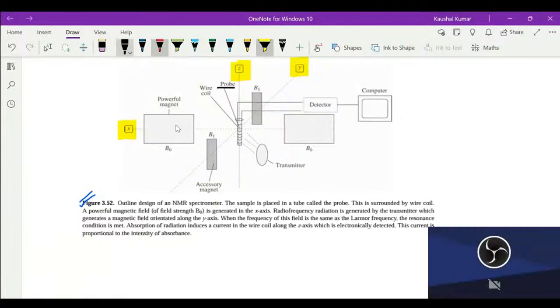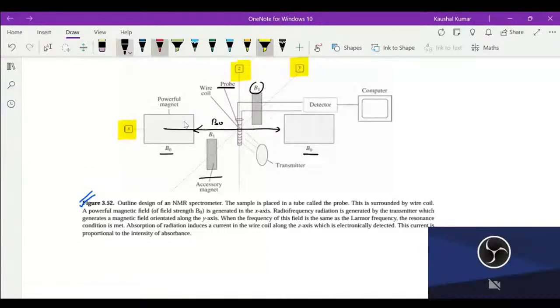So this is a powerful magnet. This is the full magnet you are applying, and it has a magnetic field in this direction. There is an accessory magnet which is put down, and another accessory magnet which is put up.